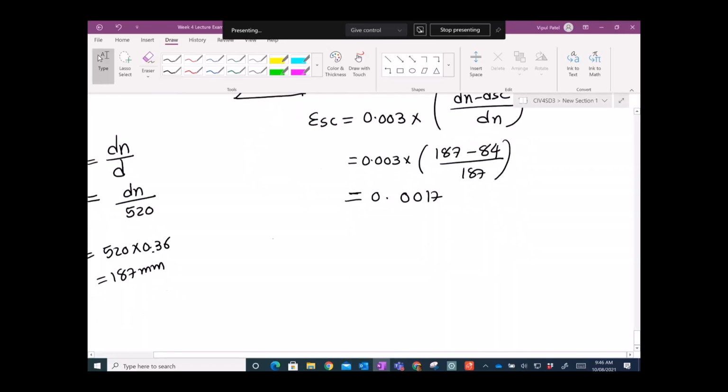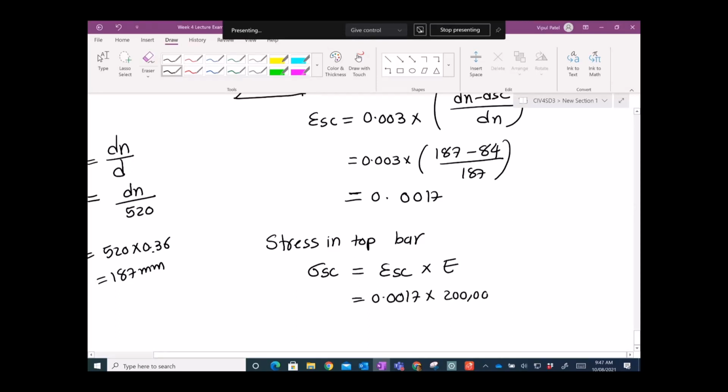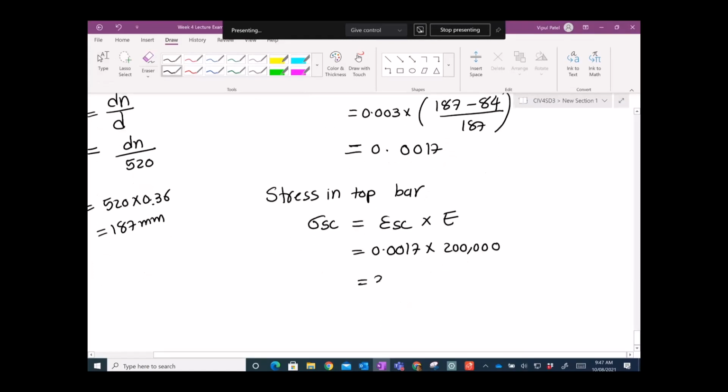Then you need to calculate the stress in the top bar. Stress in the top bar, sigma SC, is equal to strain times Young's modulus. So that would be 0.017 times 200,000, that is the Young's modulus. So we have, let's say, 331 megapascals as the stress.